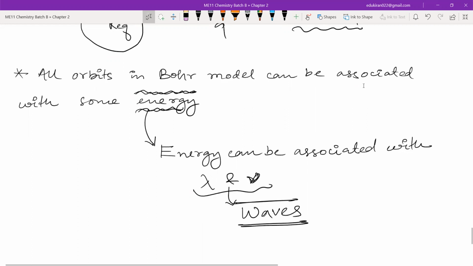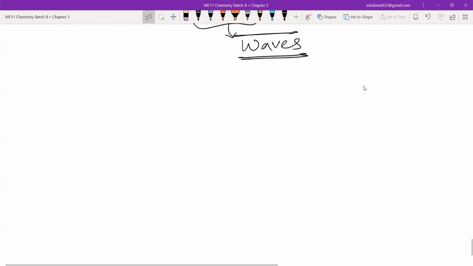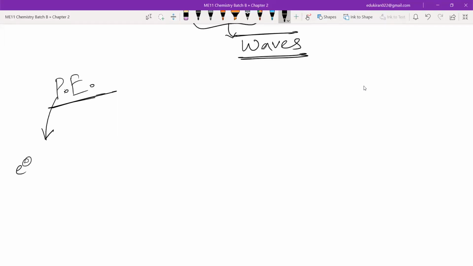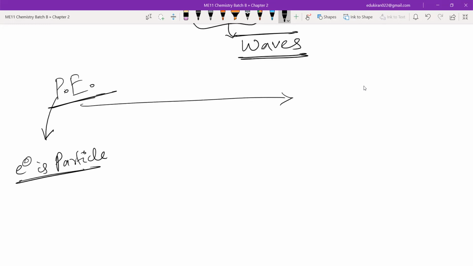Okay. Now, if you can remember, we started with the Bohr model, with the photoelectric effect, and it said that the electron is a particle. Then we got towards the Bohr model, and we say that each orbit has some kind of energy, and we know that we can associate energy with frequencies and wavelength.